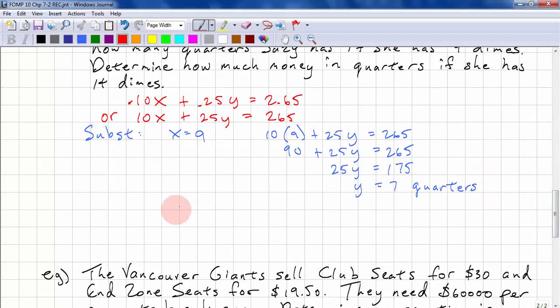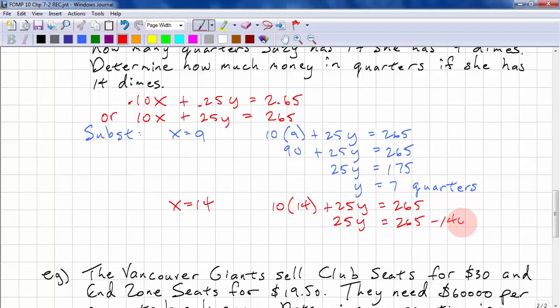Now we're going to substitute x equals 14. So 10 times 14 plus 25y equals 265. This is 140. We're bringing it to the other side. It's going to be negative 140. 25y equals 125.